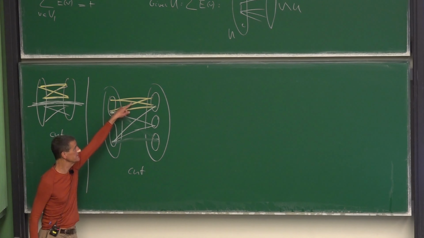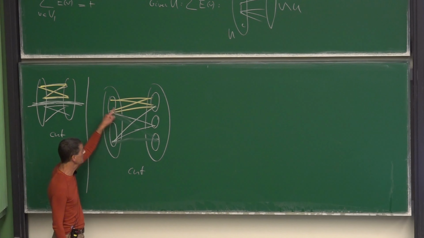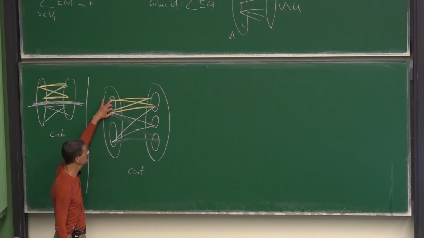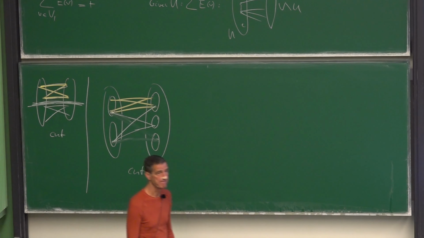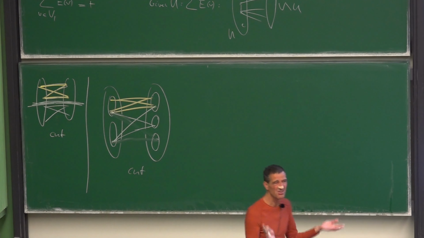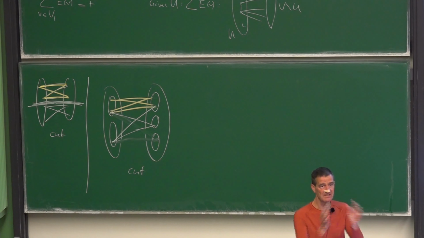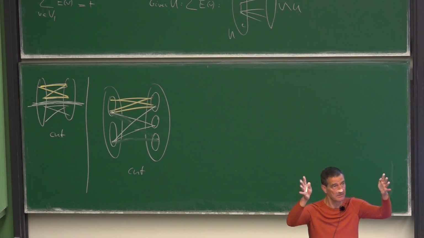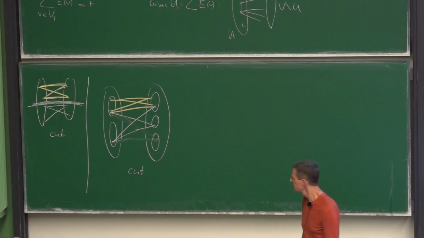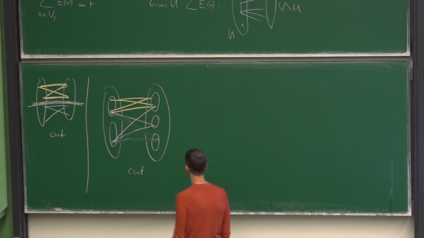So after deleting the yellow edges, it may still well be possible to get from this set of vertices to that set of vertices with the edges we haven't deleted. So those are not the bonds, the entire set of edges between a component on one side and a component on the other side. So how can we see the bonds?